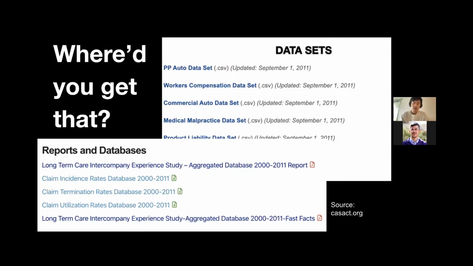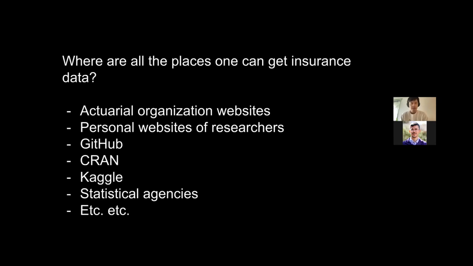So there's good rich data, but if you're not familiar with the websites of various actuarial organizations, you might not ever come across them, or maybe you didn't read that one paper that cited this data set. You might not know about it.